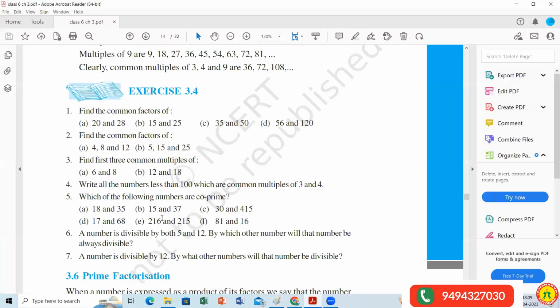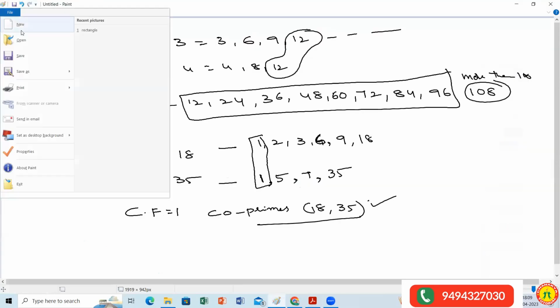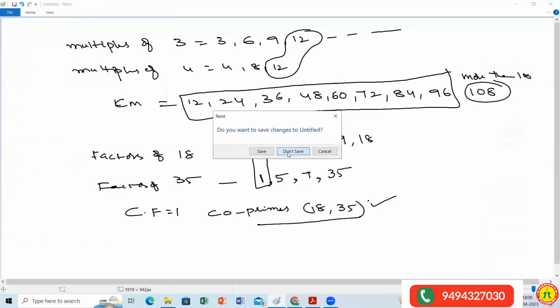Now the second question for Sritej: 15 and 37. The factors of 15 are 1, 3, 5, and 15.